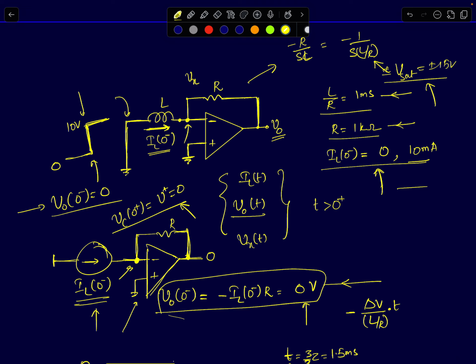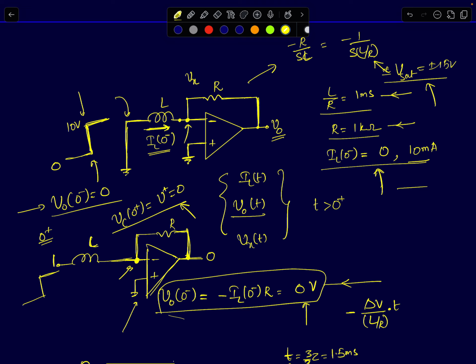Now, the moment you apply a step input, the inductor will slowly start building current. Initially its current is 0, at 0 plus it was 0. From 0 plus onwards, for t greater than 0 plus, the inductor current is given by 1 by L times the integral of the voltage across it, which means its current slowly starts building.